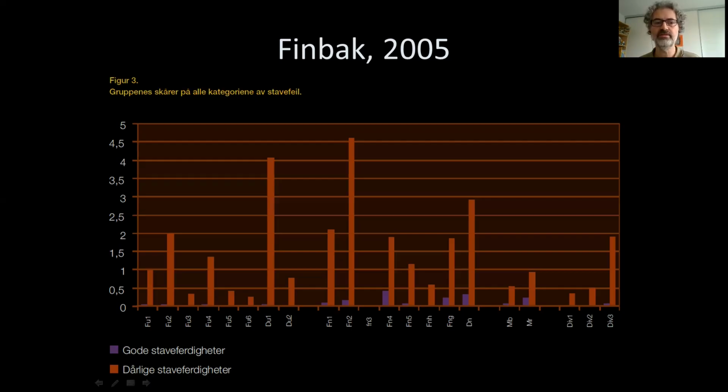Of course, there is a huge difference in the number, but when you look at mistakes by good spellers, you see that they tend to occur where the bars for the poor spellers are quite high. This is because what is difficult and challenging in an orthographic system is the same for everyone. It's more challenging if you're a poor speller because you're still behind in your spelling development, but qualitatively speaking, it's the same things that are challenging.